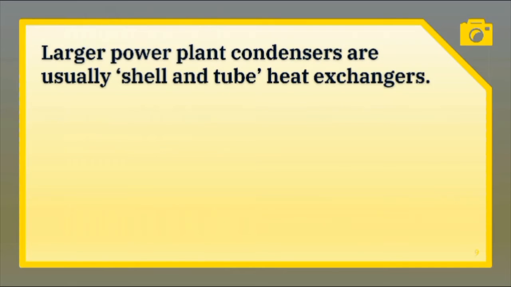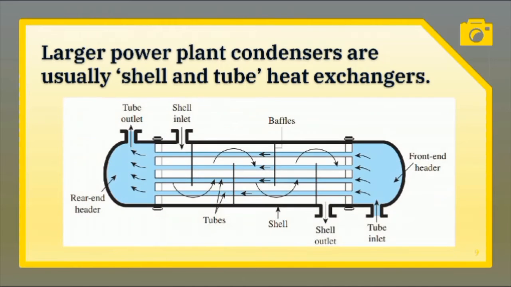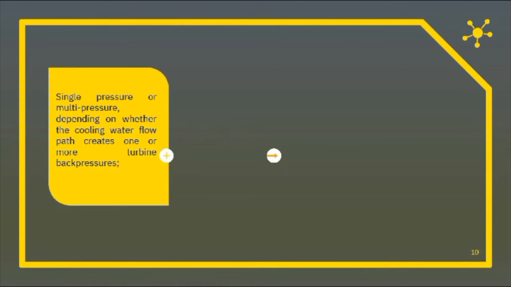Large power plant condensers are usually shell and tube heat exchangers. These types of condensers are also classified as single pressure or multi-pressure, depending on whether the cooling water flow path creates one or more turbine back pressures.